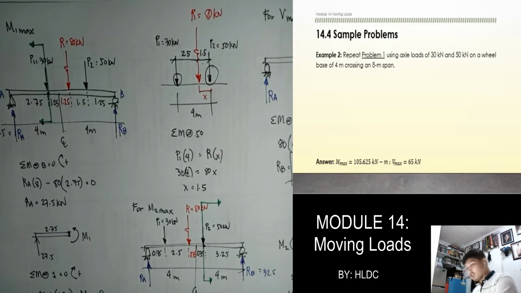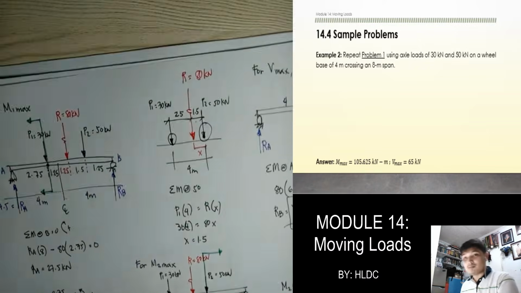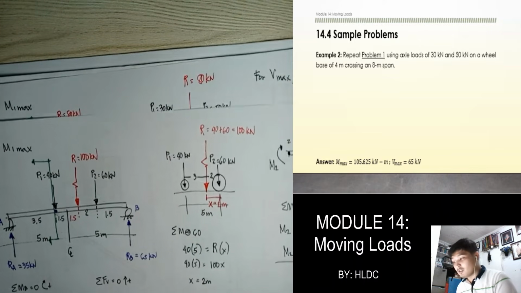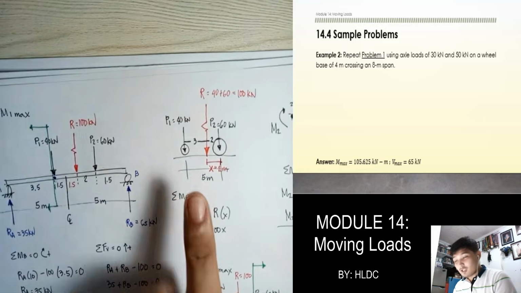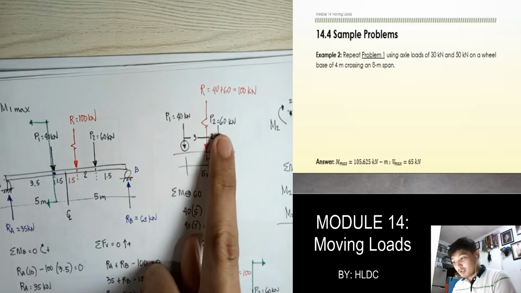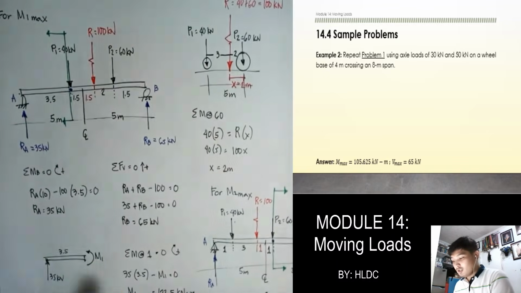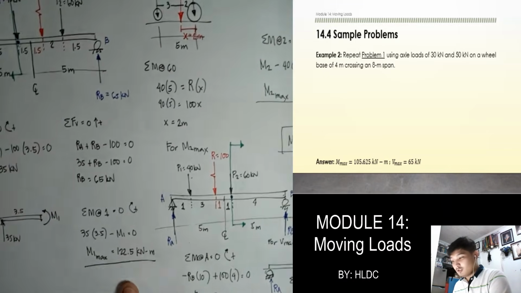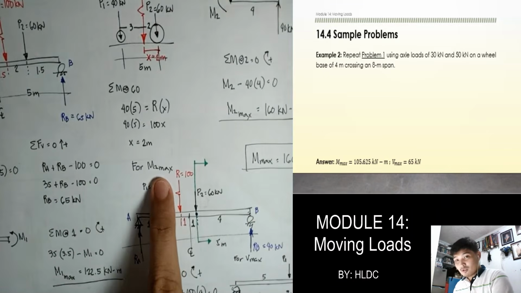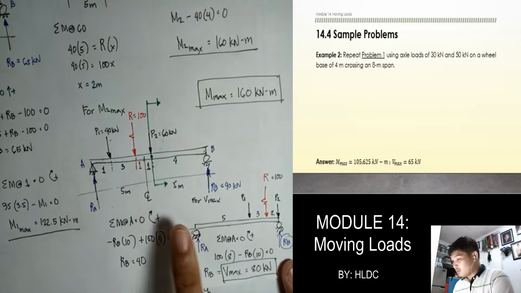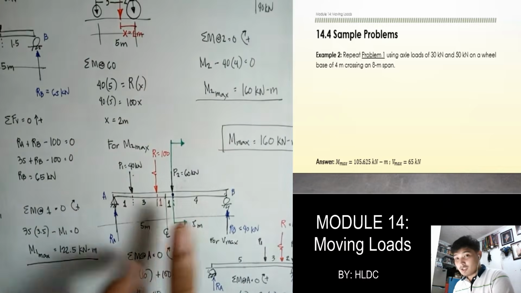mag-govern. So, just like dun sa previous example natin, na nandun sa naunang video natin, yung part 1. So, kung ito titignan mo, class, P1 is 40, P2 is 60. Kinuha natin yung M1 max under ng 40. So, ito yung lumabas. And then, kinuha natin yung M2 under dun sa P2. So, ito yung lumabas. Di ba nakita mo, class, nag-govern?